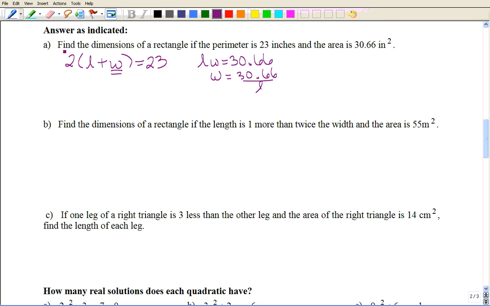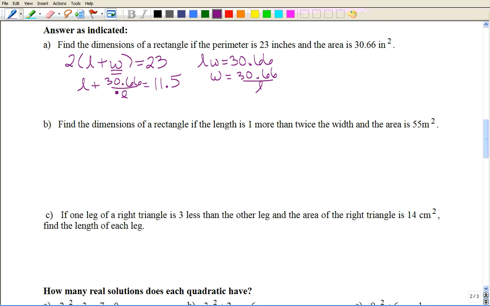But at the same time, let's go ahead and divide both sides by 2. So I'll have L plus my W, which is 30.66 over L, and then 23 divided by 2 is 11.5.